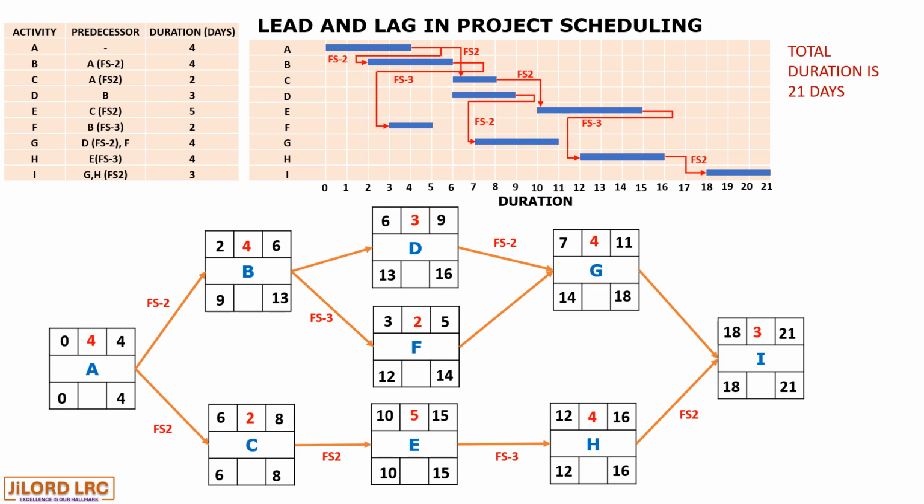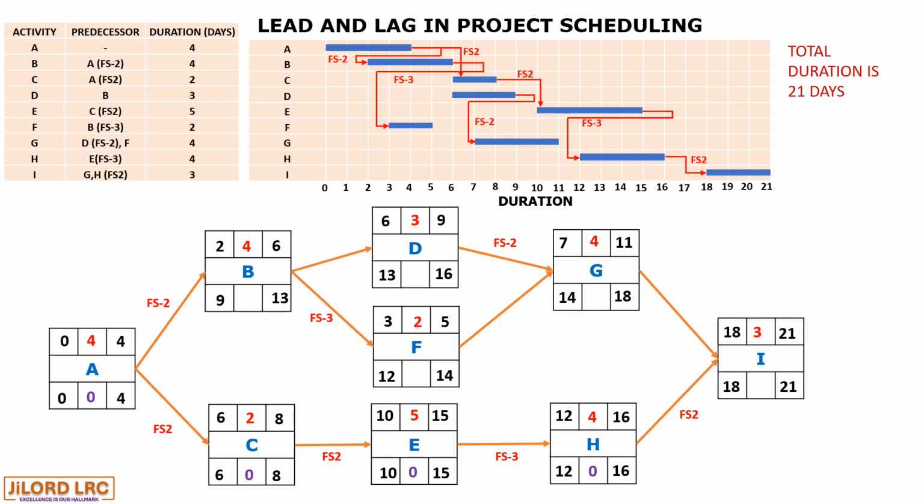Where there is a lead, you subtract. So this, for the relationship between A and B, will become 7, and the relationship between A and C will require that, for a lag of 2, we take 2 out of 6 and that becomes 4, and 4 out of 4 becomes 0.